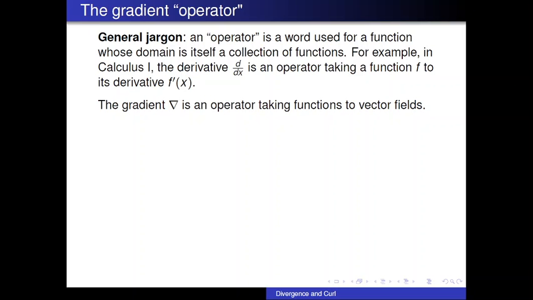Our partial derivative operators are also operators on functions of more than one variable. And the gradient itself, when you put all those together, is an operator whose inputs are scalar valued functions, but whose outputs are vector fields. We can think of vector fields as a certain type of function, but we might just like to think of them as vector fields.